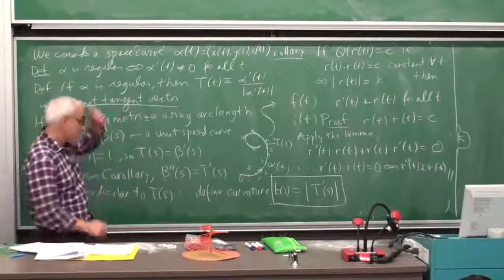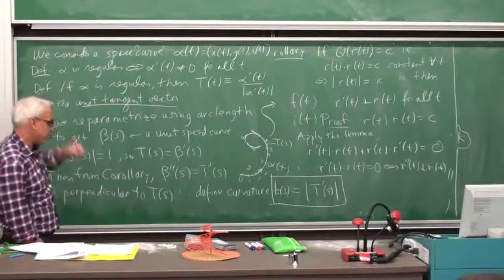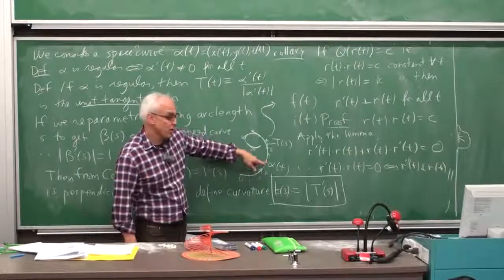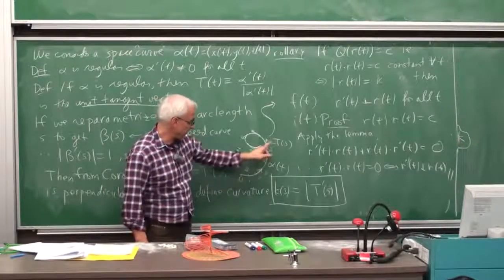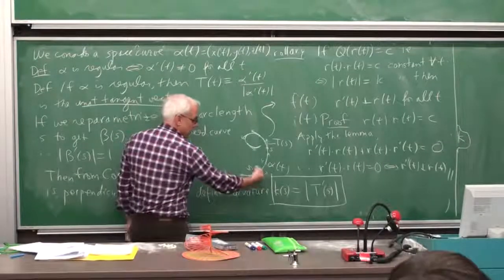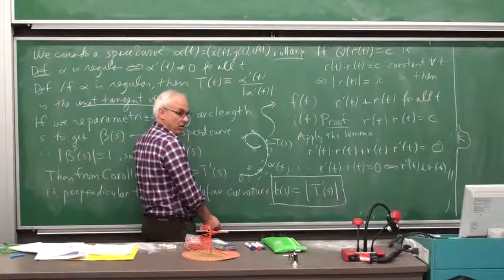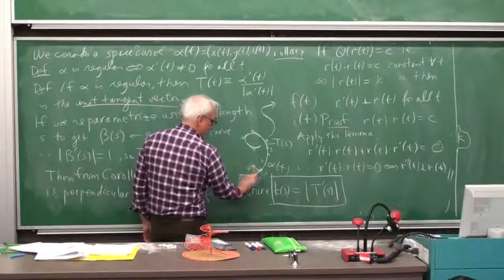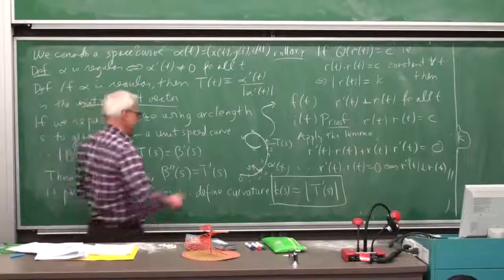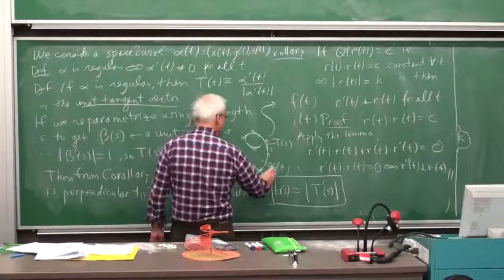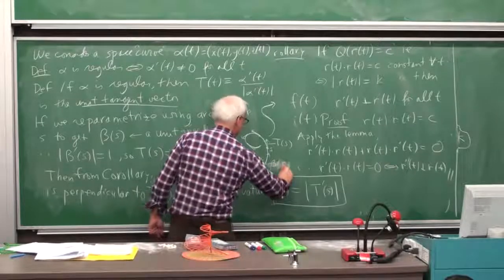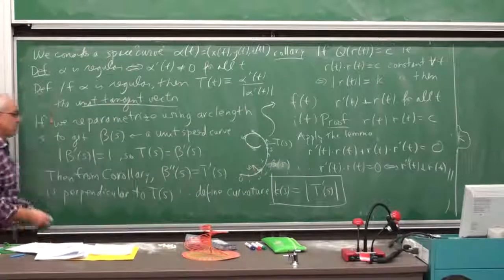So let's have a look in this situation here. What are these derivatives going to look like? So over here, the curve is not bending very much. So the derivative of this T of S, the rate of change of the T of S, is going to be in this direction, but it's going to be relatively small. Here we're now calling the curve beta of S, so let's just stick with arc length.